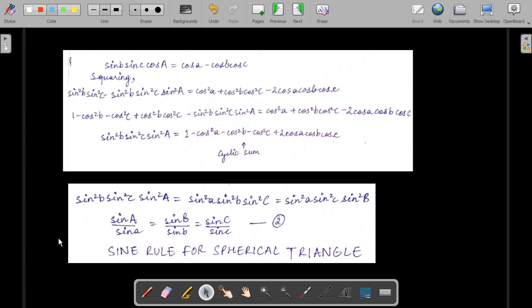So you cancel the stuff, take the square root, and you end up with the sine rule for spherical triangle. And if you observe, just tend arcs to 0, and you'd observe that this is similar to the sine rule for a plane triangle.